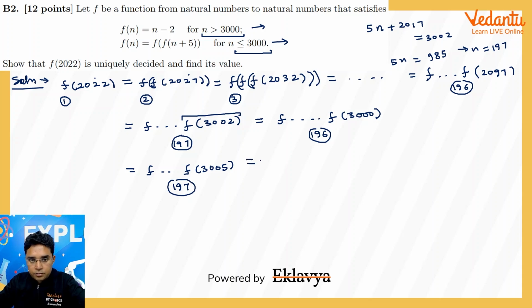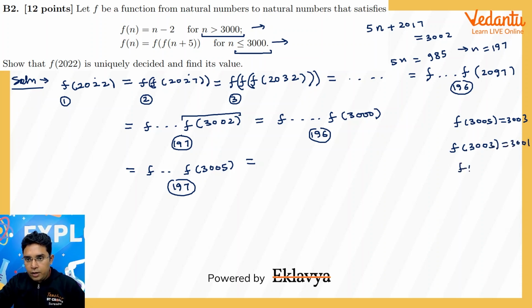Now, if I use this formula for n greater than 3000, once I use it, it will give you f of 3005 as f of 3003. And once again, if you use it, f of 3003 will be f of 3001.